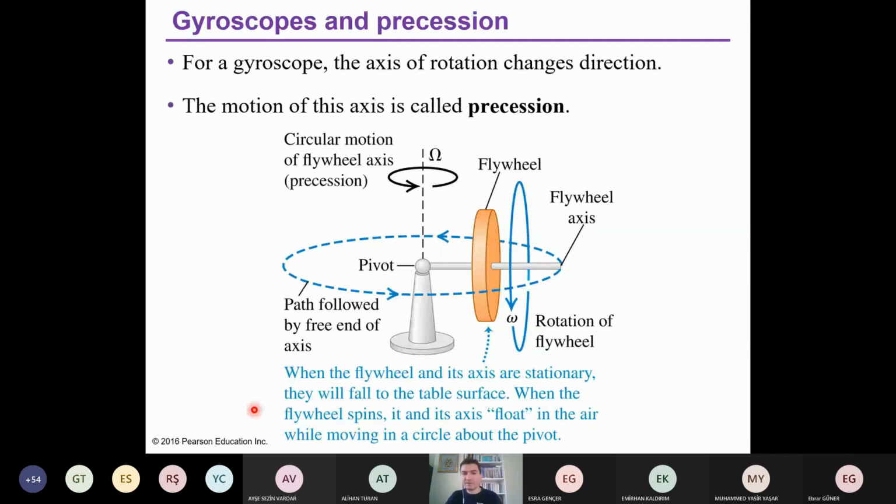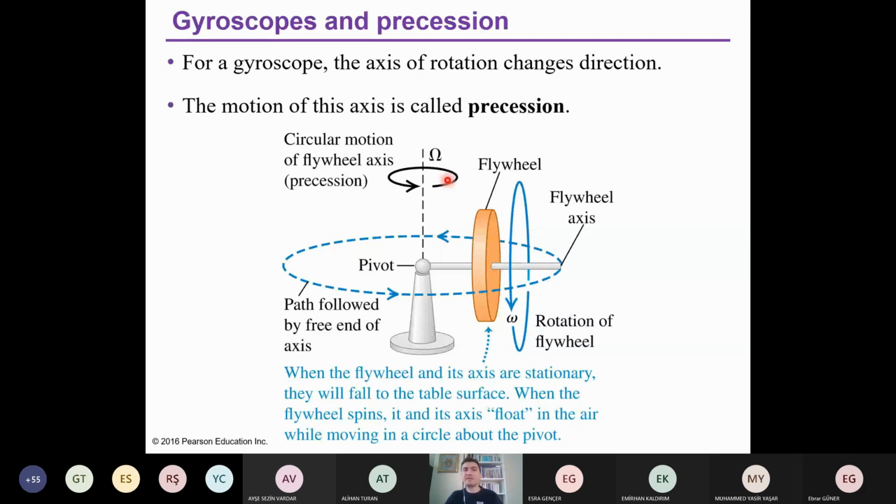When the flywheel spins around its flywheel axis with some certain angular speed, it and its axis float in the air while moving in a circle about the pivot. So if the flywheel is stationary, it will go down and stop. But if it is moving with some angular speed, it will travel around this pivot in a circular motion, which is called precession.